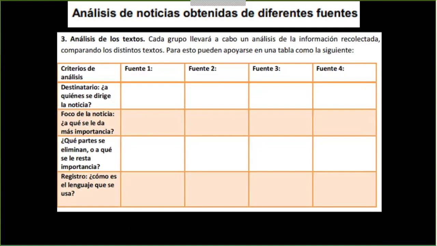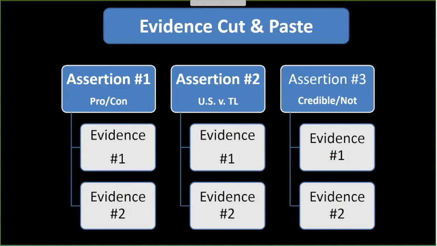So who is this particular announcement directed at? What's the focus? What parts are eliminated or whatnot, and what register of language is this using. But you could put anything in the criteria for analysis that you want them to pay attention to. And so they can work on that collaboratively as they work through the text.